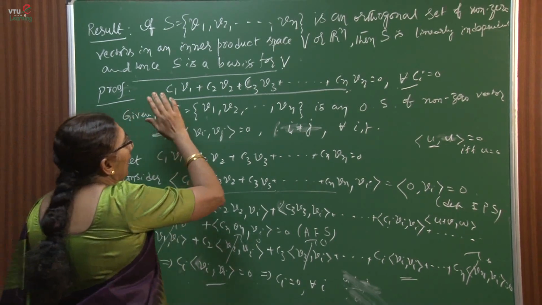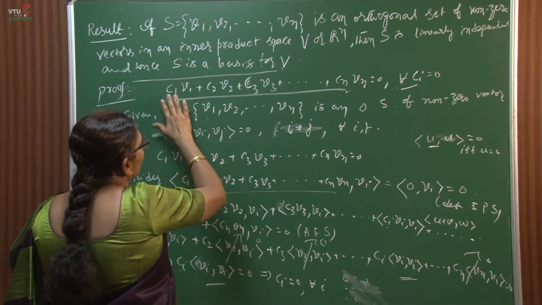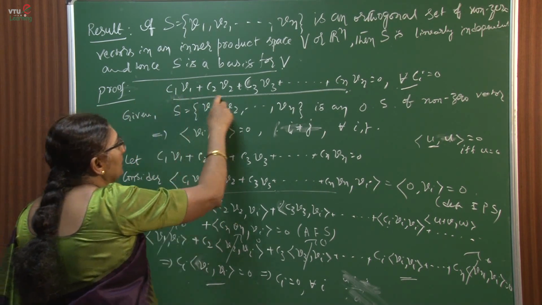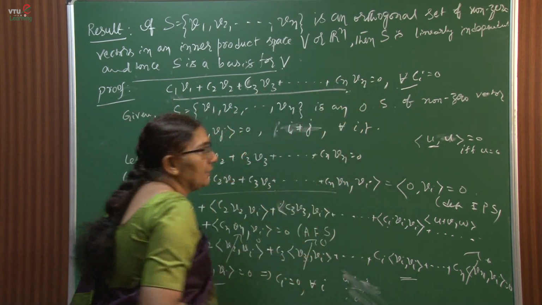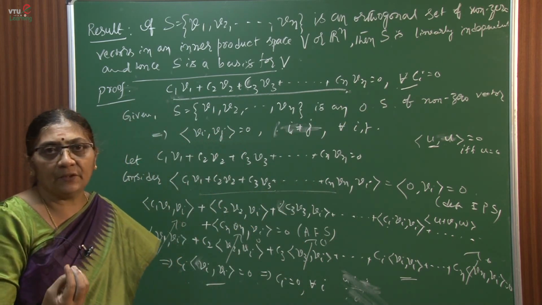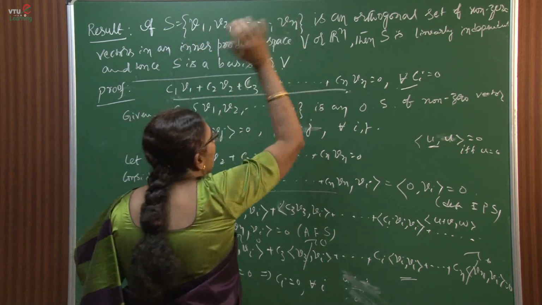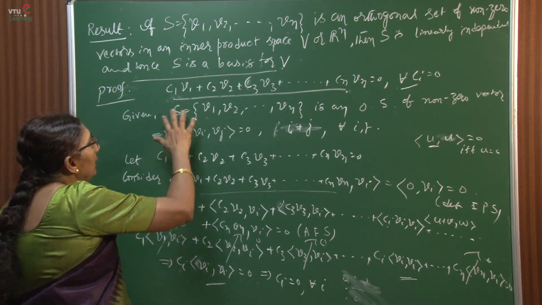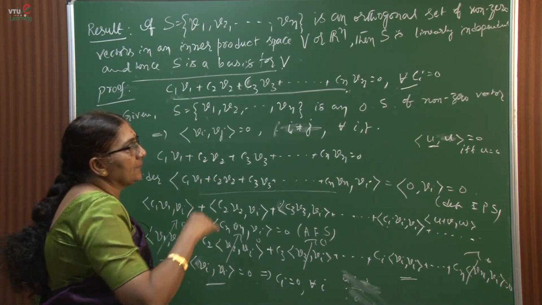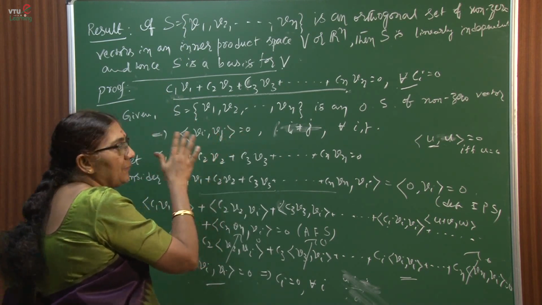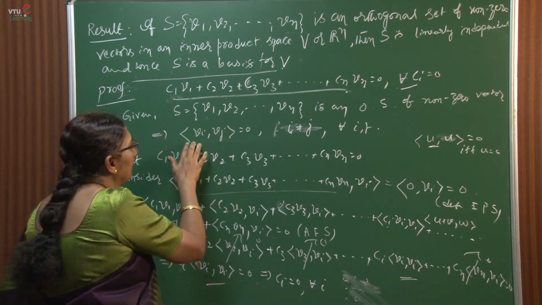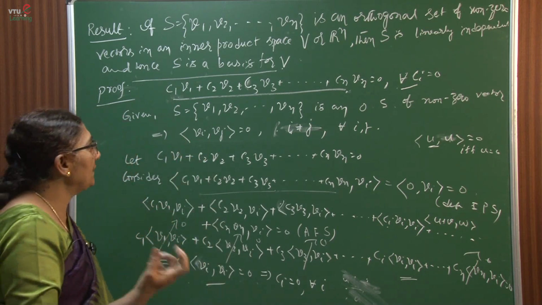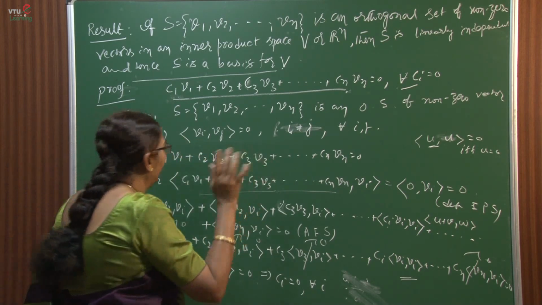Here I have already written on the board the meaning of linearly independent: C1 V1 plus C2 V2 and so on up to Cn Vn equal to 0. It is enough to show that every Ci is 0, and then we say S is linearly independent. They gave S as an orthogonal set of non-zero vectors, which means the inner product of Vi, Vj is 0 for i not equal to j, for every i and j.